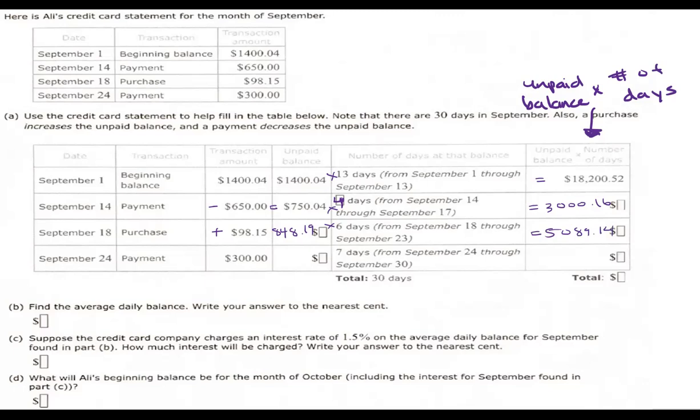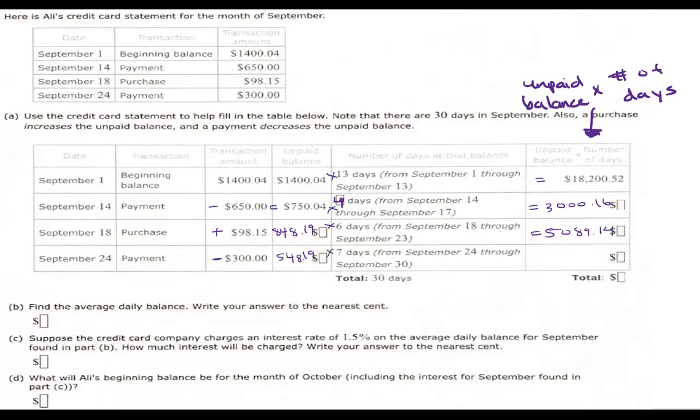So this is what they're doing. All right, and then she makes another payment of $300, so we're going to subtract that. 848.19 minus 300 gives us 548.19. And they already told us September 24th through September 30th is 7 days.